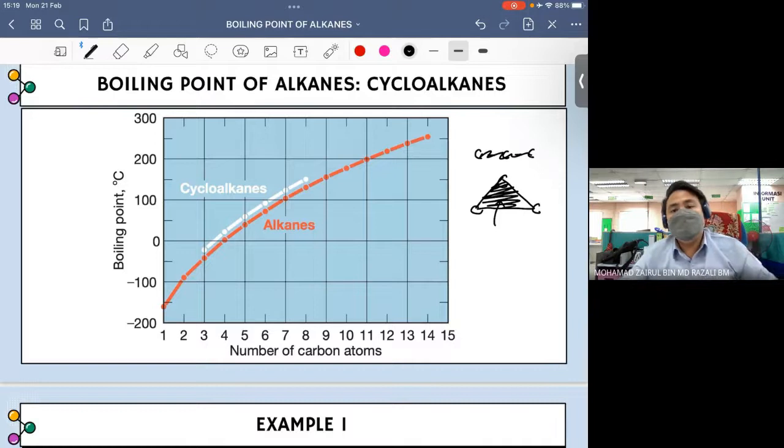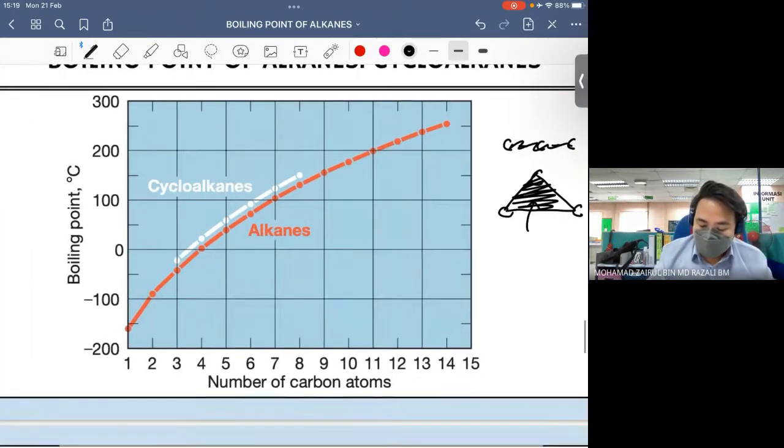So if the molecular contact surface area is larger, van der Waals forces become stronger, more energy is needed to overcome, so the boiling point also becomes higher. If you look at the boiling point, the boiling point of cycloalkane tends to be only slightly higher compared to the acyclic alkane with the same number of carbons.